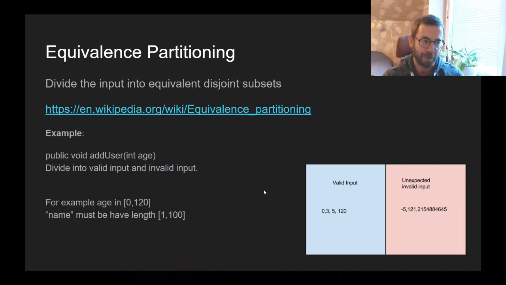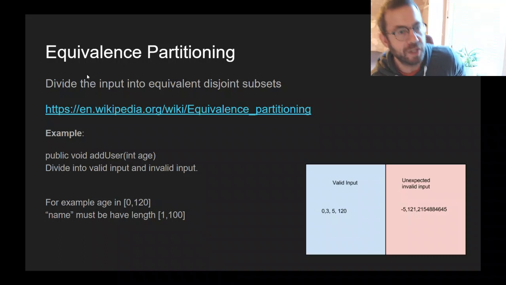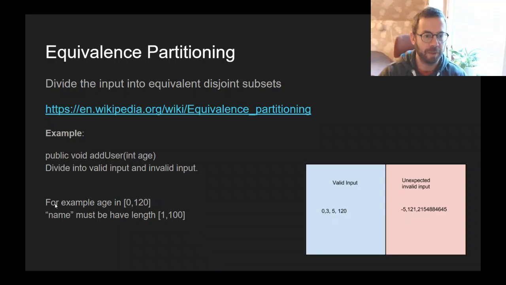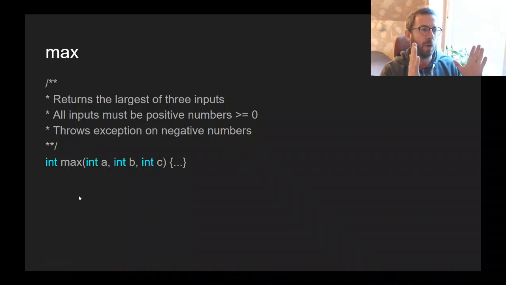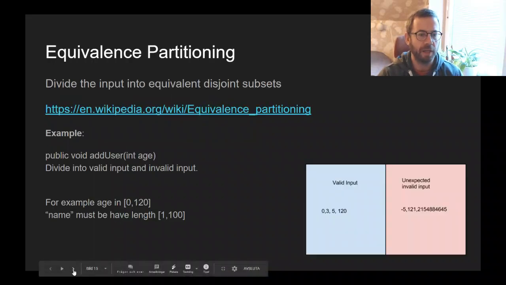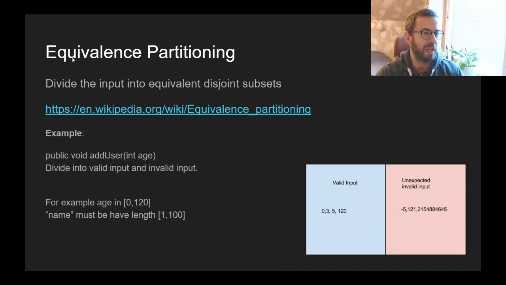So a black box testing technique, and you probably heard about it before, is equivalence partitioning. What I did when I was specifying the test cases for max, when I said one test case where A is highest, is that I grouped all scenarios where A is highest into one scenario. Equivalence partitioning means that you divide the input domain into equivalent disjoint subsets.